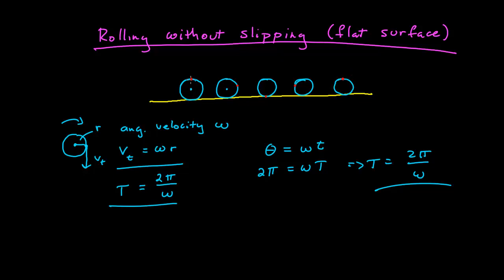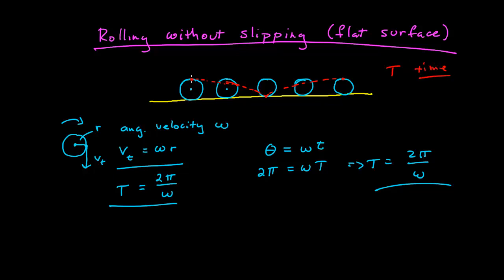If I track this spot over time, I see it make some sort of path that looks like this. But this is now the distance that this object has rolled during one period. This is the time.